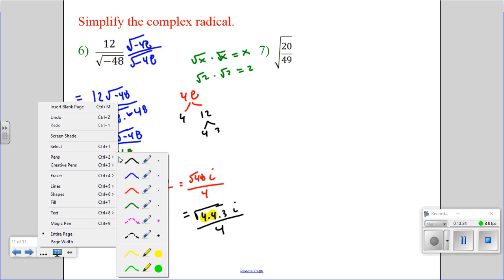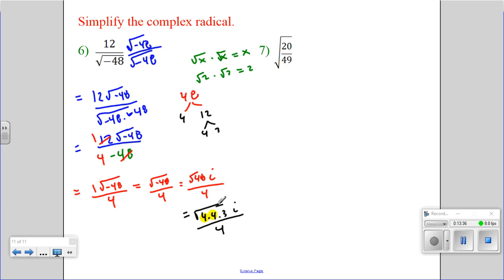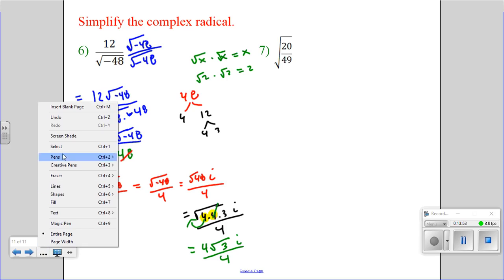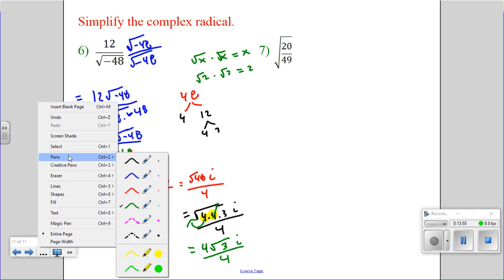Again, in every twin scenario, 1 cancels, 1 exits the house. So I had a 4 come outside the house, a 3 stayed in, and we still have i. But it's still over 4. And look, the 4 that came outside can reduce now with the 4 that was on the bottom.